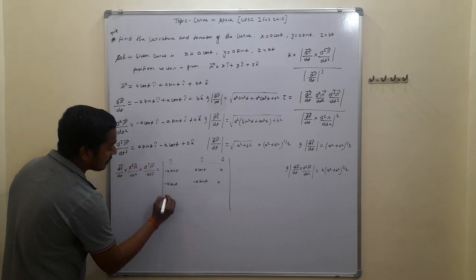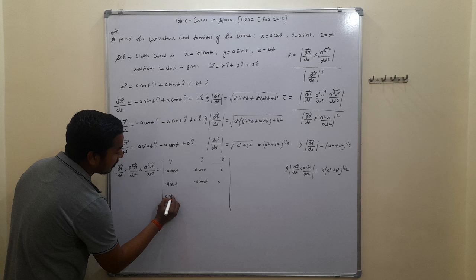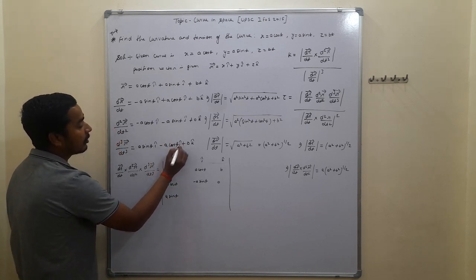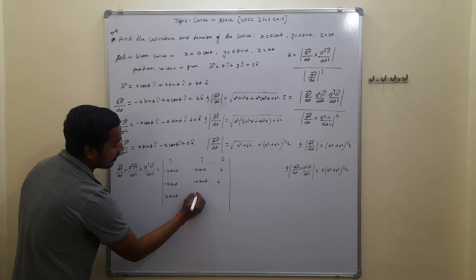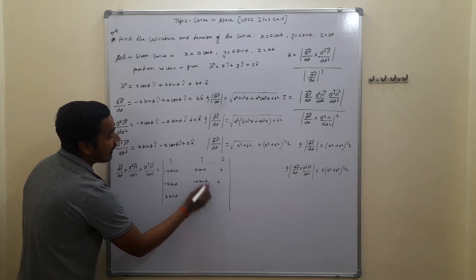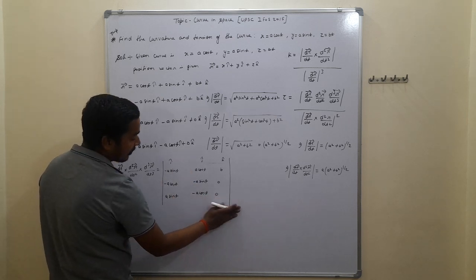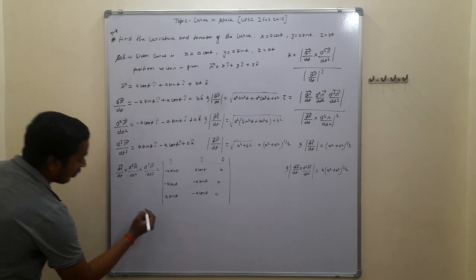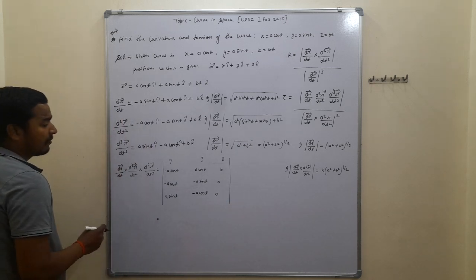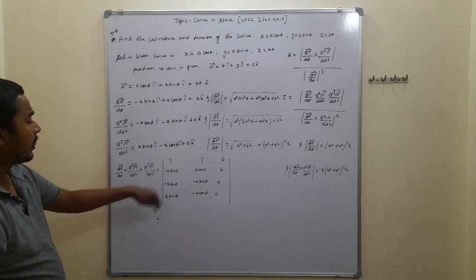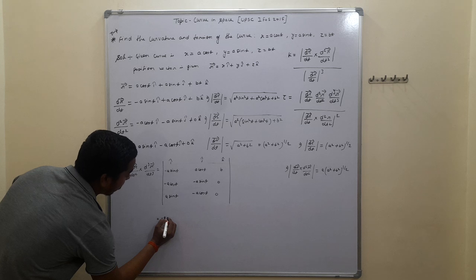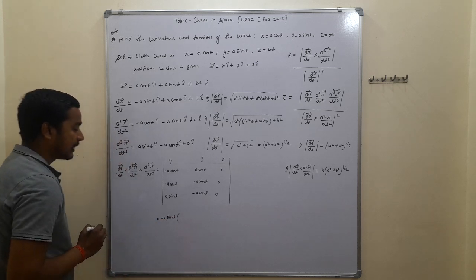For d3r upon dt cube, the coefficient of i is a sin t, the coefficient of j is minus a cos t, and the coefficient of k is 0. And we have to solve this determinant. First we open with the i cap. This is given by minus a sin t.